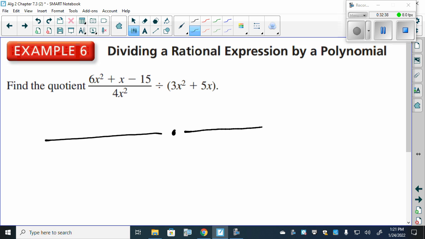Now this last one here, the first main step is going to be the exact same. Now we change it from division to multiplication and flip the second.